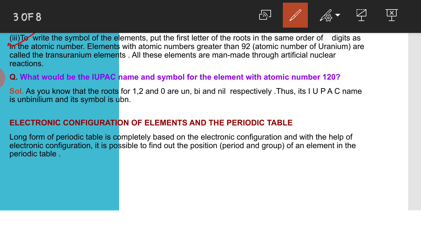What would be the IUPAC name and symbol for the element with atomic number 120?